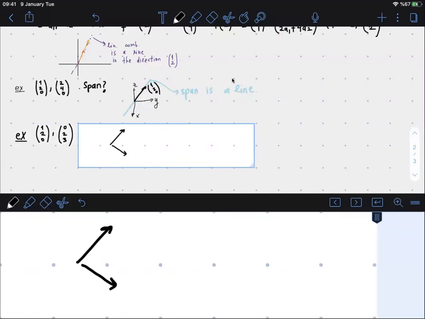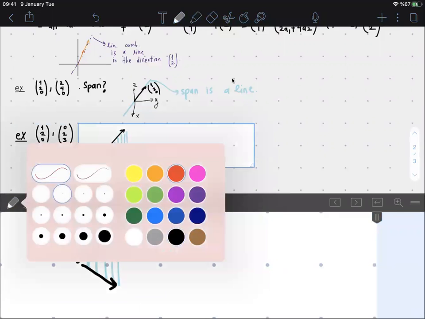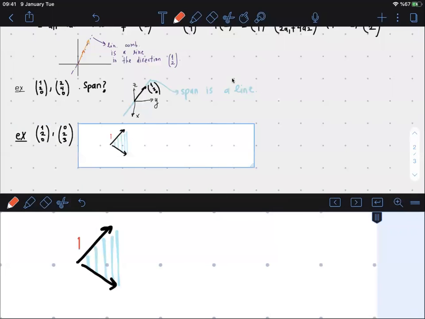So the span of these two will be a plane. Let me show it this way. This is x, this is z, this is y. And the span of these two vectors will be all the vectors in this plane spanned by these two vectors, okay?